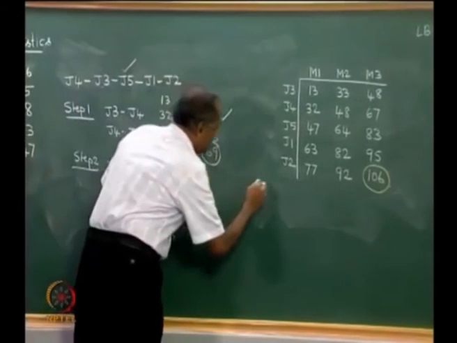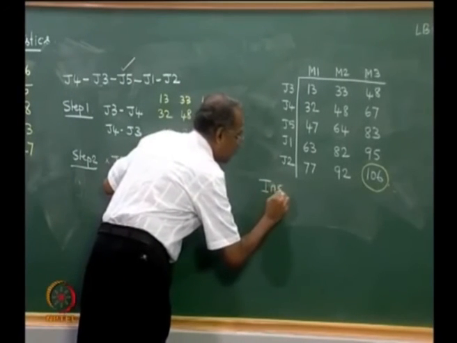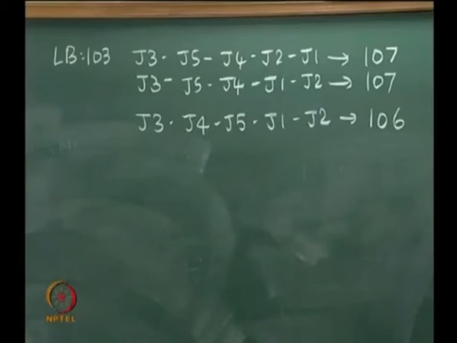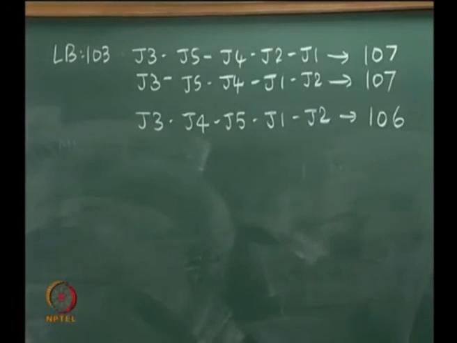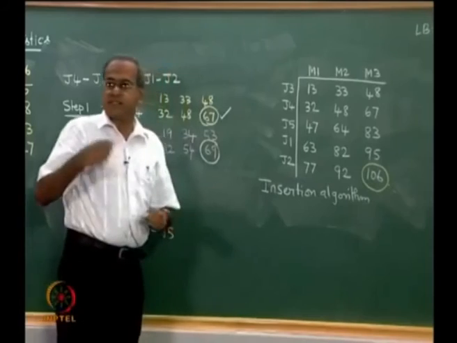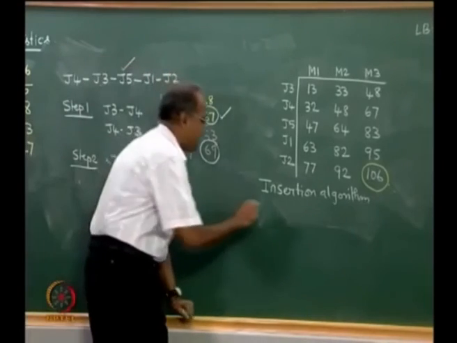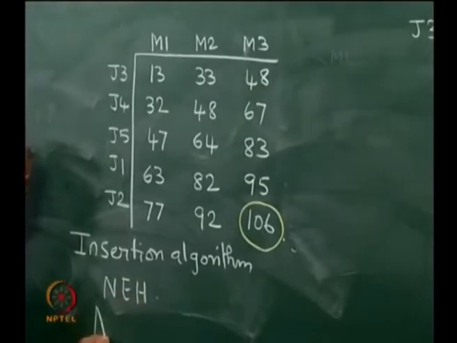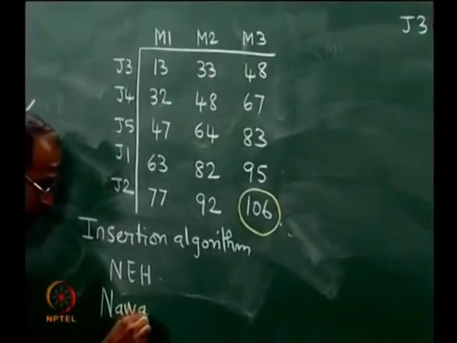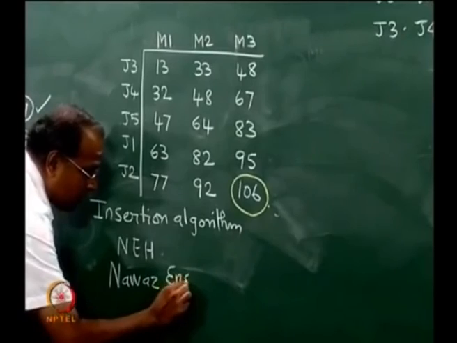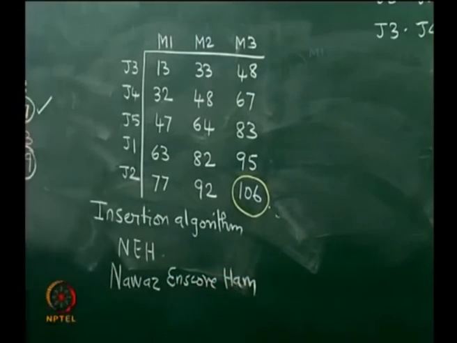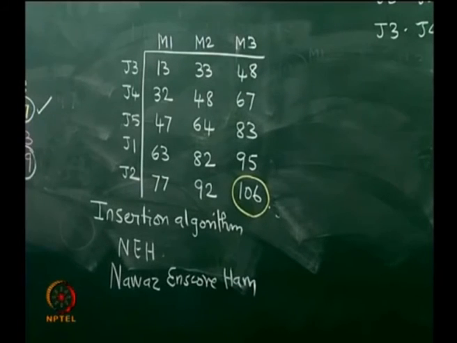Now this algorithm is an insertion algorithm. And this insertion algorithm for makespan is called the NEH algorithm, which stands for Nawaz, Enscore and Ham algorithm, which came in the year 1984.